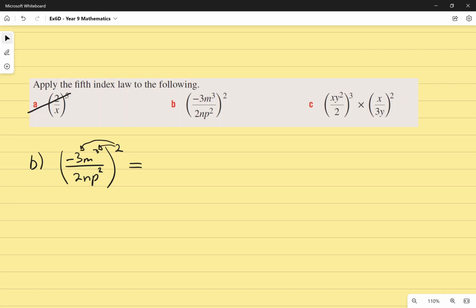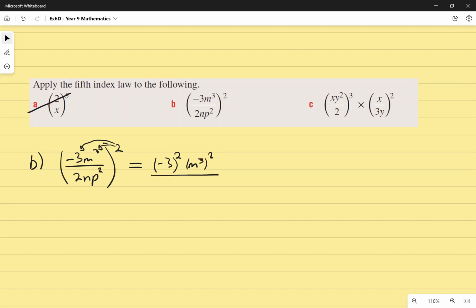And when we have, we're going to multiply the powers in this case, and we'd actually multiply the powers in the -3 as well, but since the power of -3 is just 1, it just becomes 2. So we would have -3, and remember we have that in brackets because we're squaring the whole thing within it. So -3 to the power of 2 multiplied by m cubed to the power of 2.